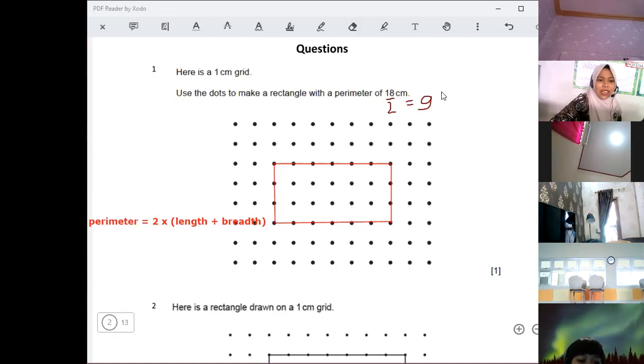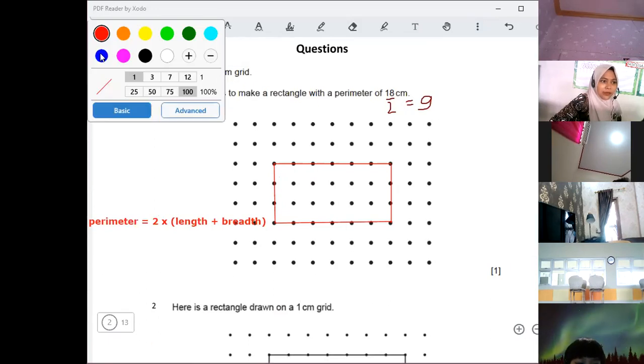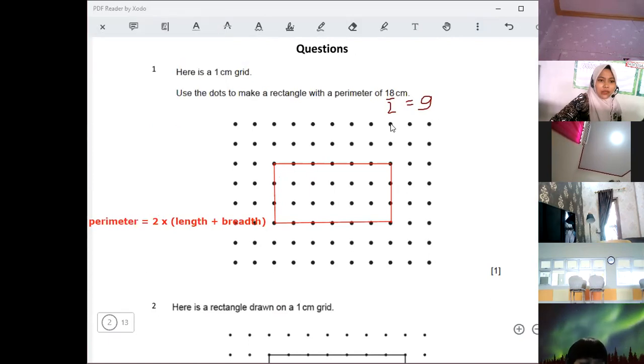Or you can have other pictures like I'm going to use blue color. You can have a 7 times 2. So you are going to have 1, 2, 3, 4, 5, 6, 7 times 2. It is 18 too, yeah.